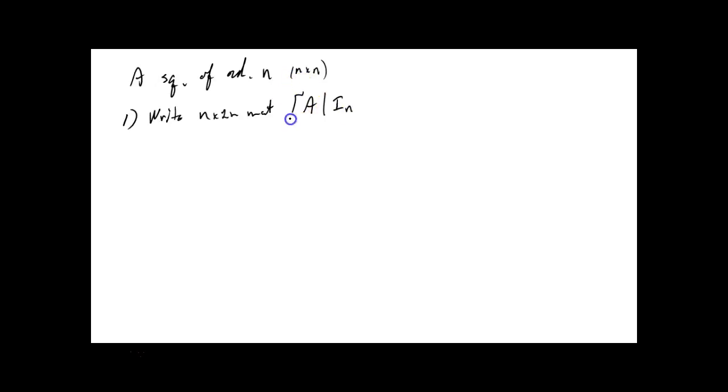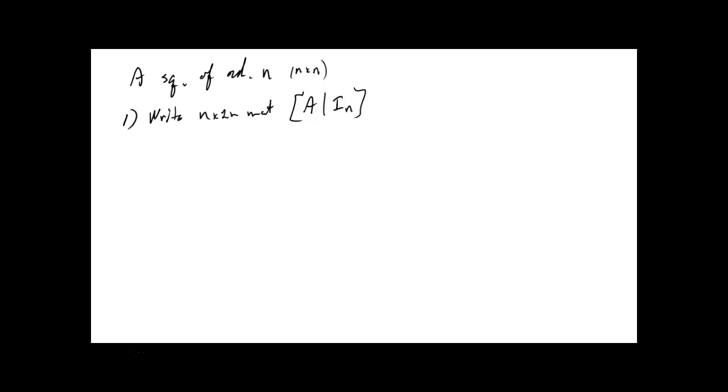Now, matrix A is n by n, and certainly the identity matrix of that same size is square as well, n by n. So you write that as that. It'll be an n by 2n: n rows, but twice as many columns. So you have the square matrix A here and the identity matrix of the same size there. So that's why it's 2n columns.